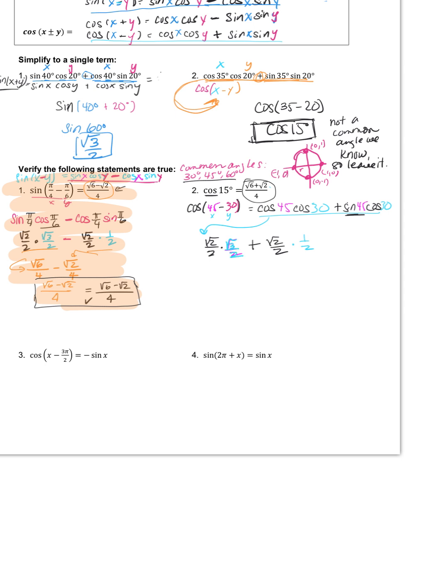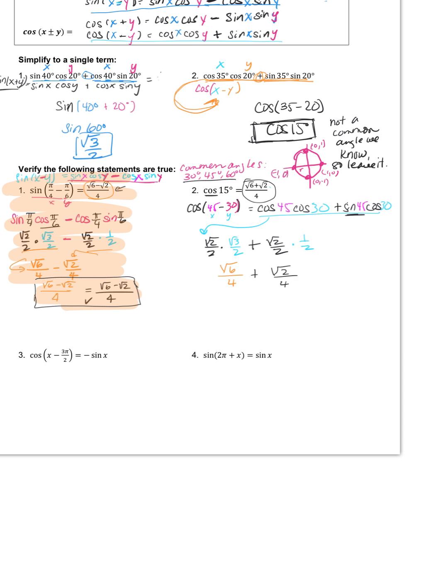Okay, so now let's do the math and see if we can combine, like we did in the last problem. This was the square root of 3 over 2. Now I have the square root of 6 over 4 plus the square root of 2 over 4, just multiplying fractions.